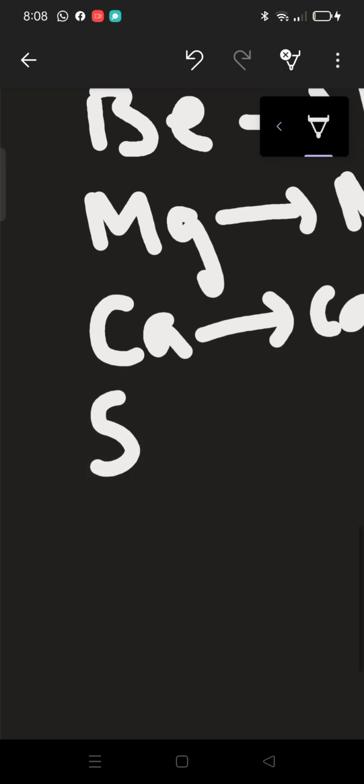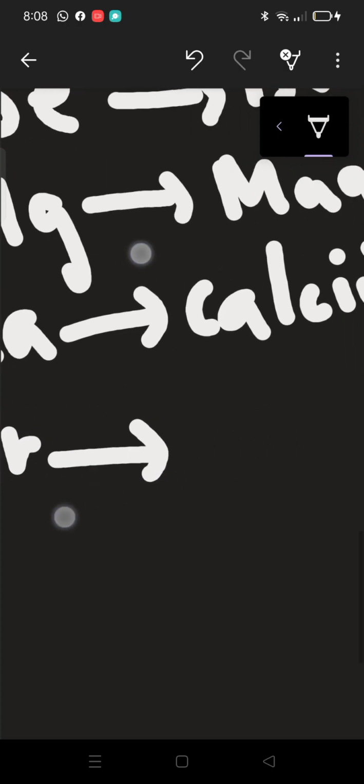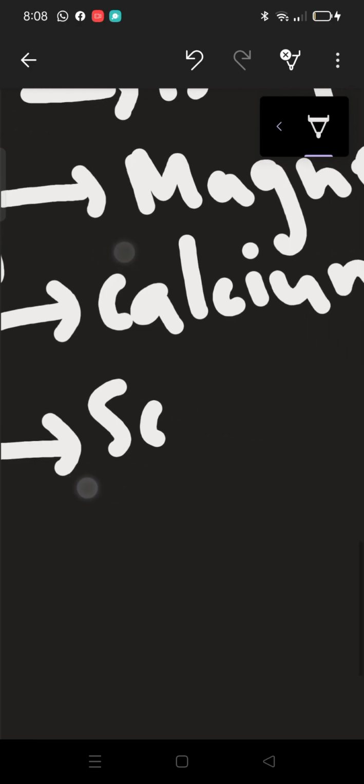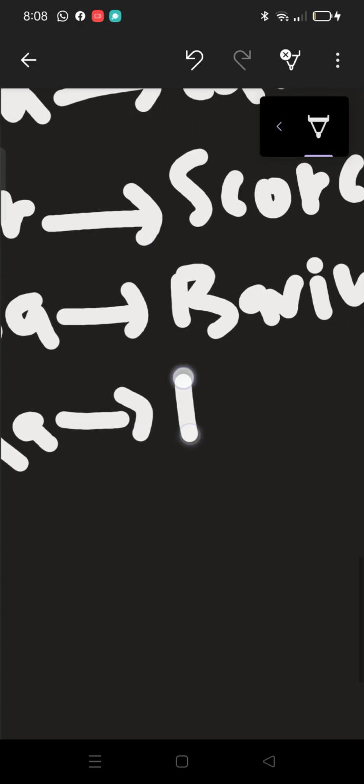Then scooty, that is Sr, which is strontium. Scooty baap roye. Then we have Ba, capital B and small a, which is barium. Then last but not the least, we have roye, which is Ra, which is radium.